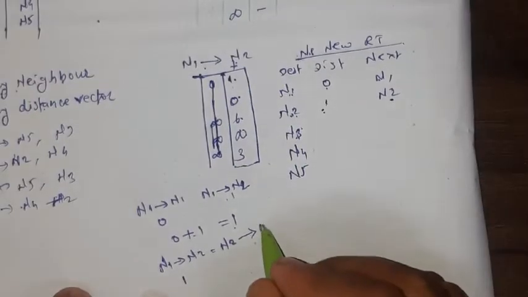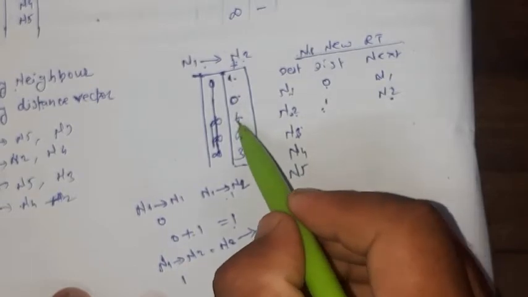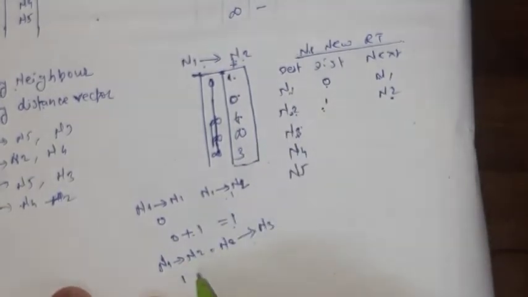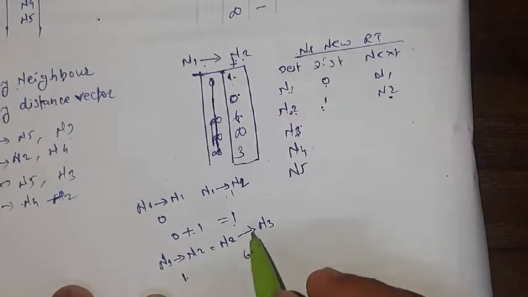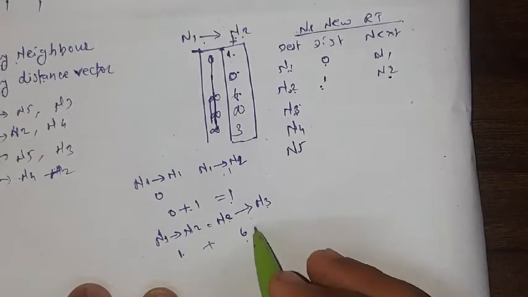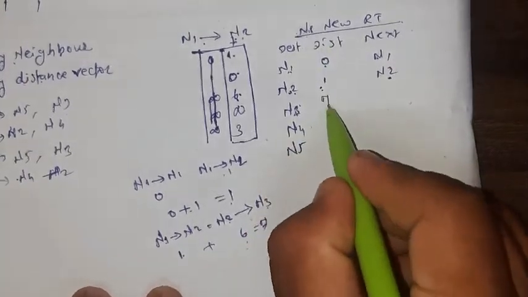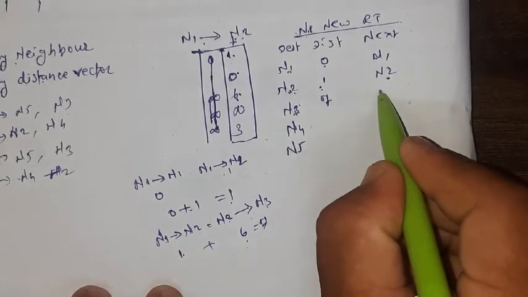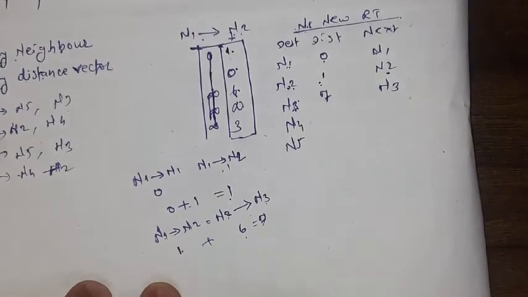N2 to n3 cost is 6. So n1 to n2 is 1, and n2 to n3 is 6. So 1 plus 6 equals 7. So n1 to n3 is 7, and the next node is n2, and we reach n3.